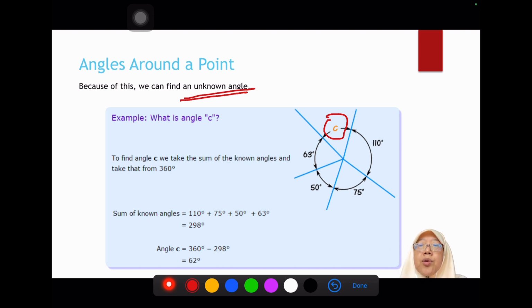First of all, you need to tell your students to sum the known angles. Here 110 degrees, 75 degrees, 50 degrees, and 63 degrees total up to 298 degrees. Then angle C is 360 degrees minus 298 degrees, which gives you 62 degrees.